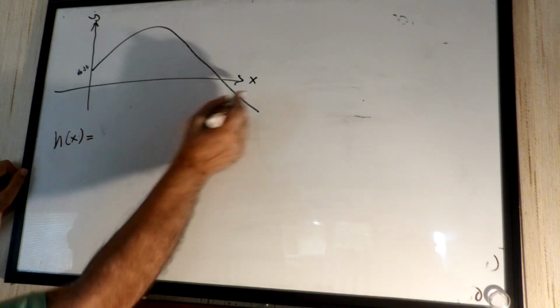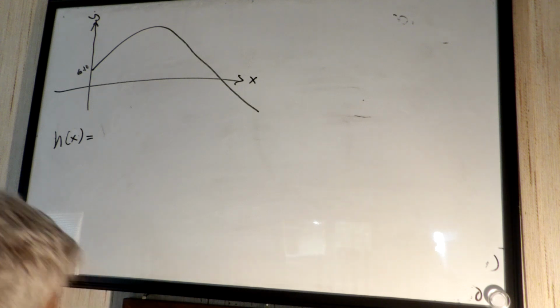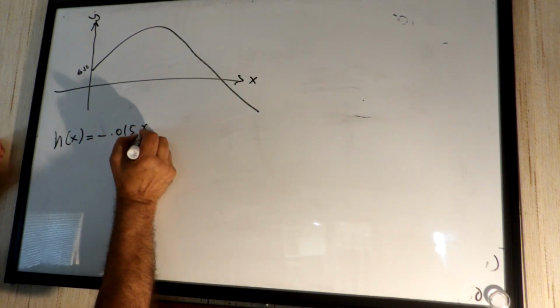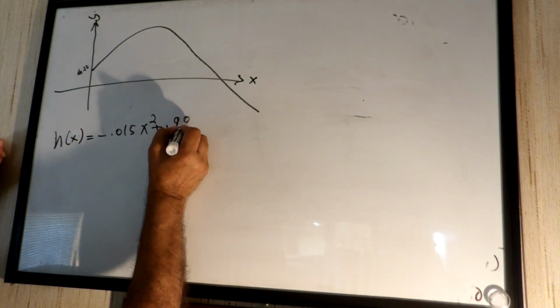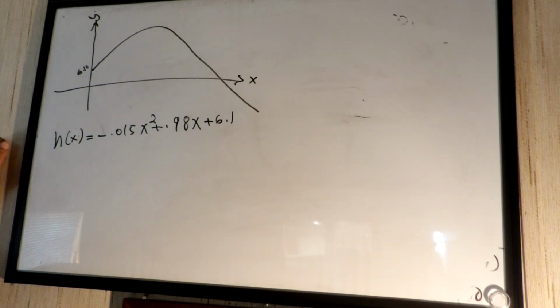The equation is like this one: minus 0.15 x squared plus 0.98 x plus 6.1.